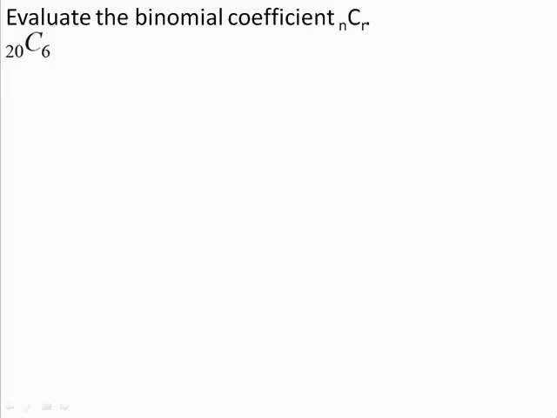Evaluate the binomial coefficient NCR, 20C6. The binomial coefficient NCR is equal to n factorial divided by n minus r factorial times r factorial. Substitute 20 into this equation for n and 6 into this equation for r.